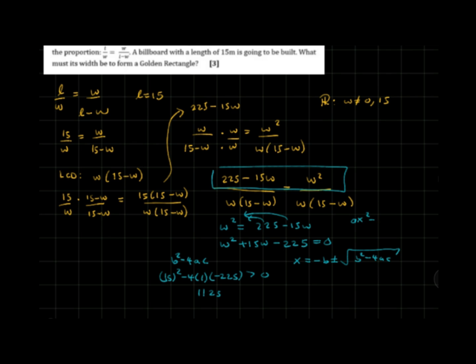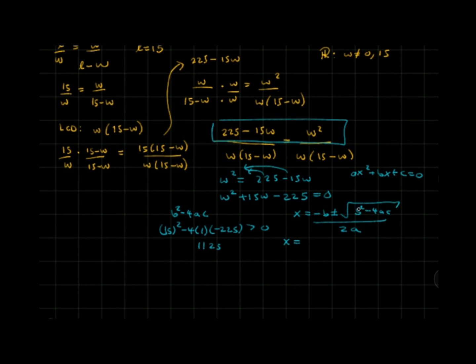You can only use the quadratic formula if the quadratic trinomial is set to 0. We already calculated the b squared minus 4ac term; that's where the discriminant comes from. Negative b here is negative 15, plus or minus the square root of 1,125, over 2 times a, which in this case is 1.